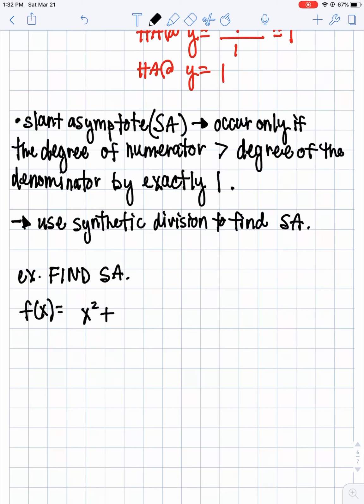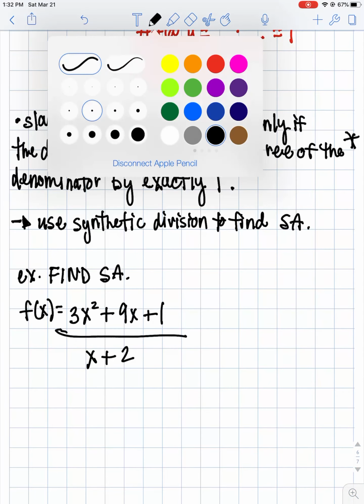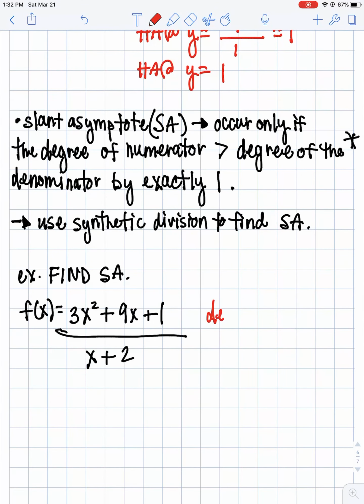F of x equals, let's do 3x squared plus 9x plus 1, over x plus 2. I'm just making something up, guys. Okay, so if you go back up here to when they occur, the degree of the numerator has to be larger than the degree of the denominator by exactly 1.